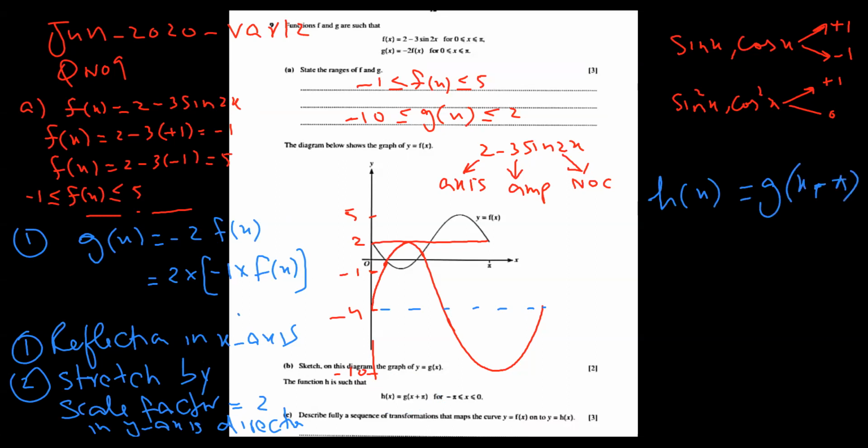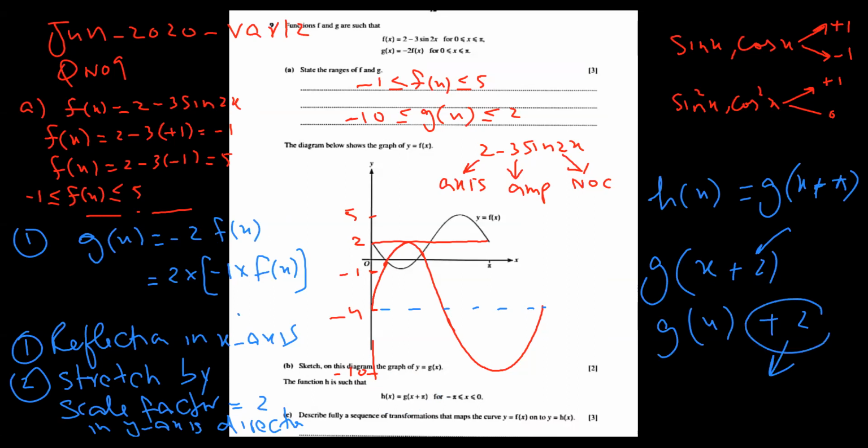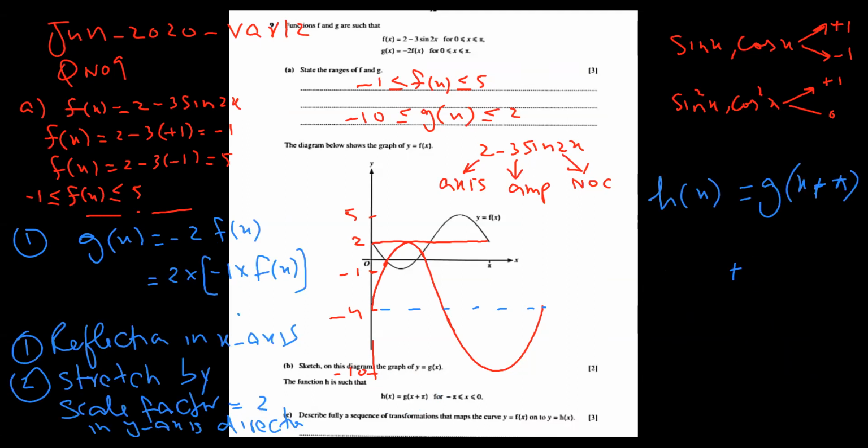Whenever any value is added to a function, for example 2, inside the bracket is a different thing, and when 2 is added outside, it is a different thing. Outside is called translation in the y-axis, inside is called translation in the x-axis. Here I take it as it is, but here I change the sign, -2. So it means outside adding is y-axis, inside adding is x-axis.